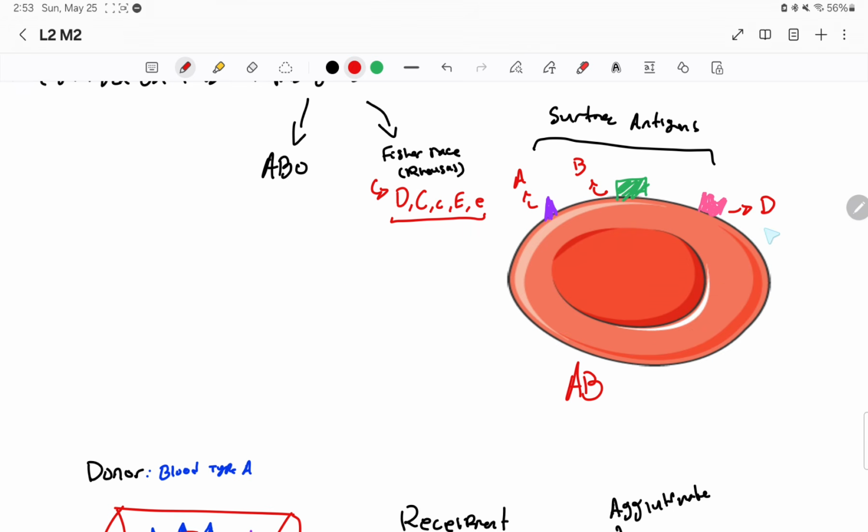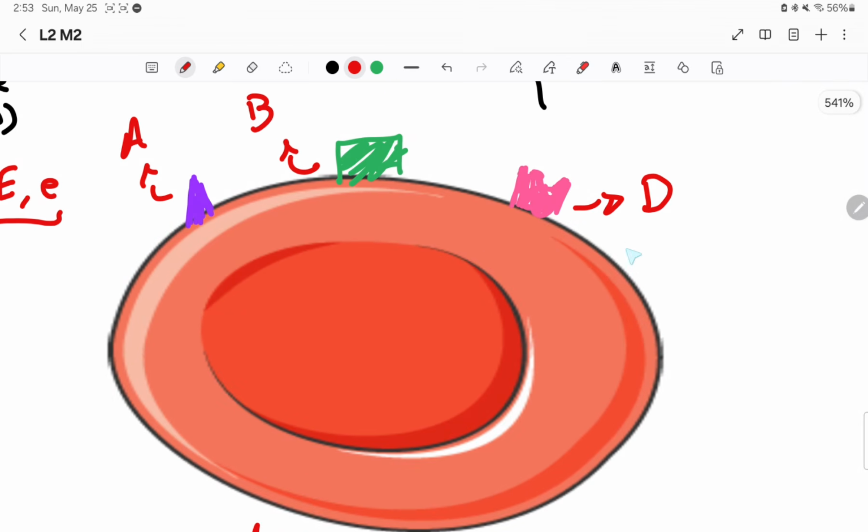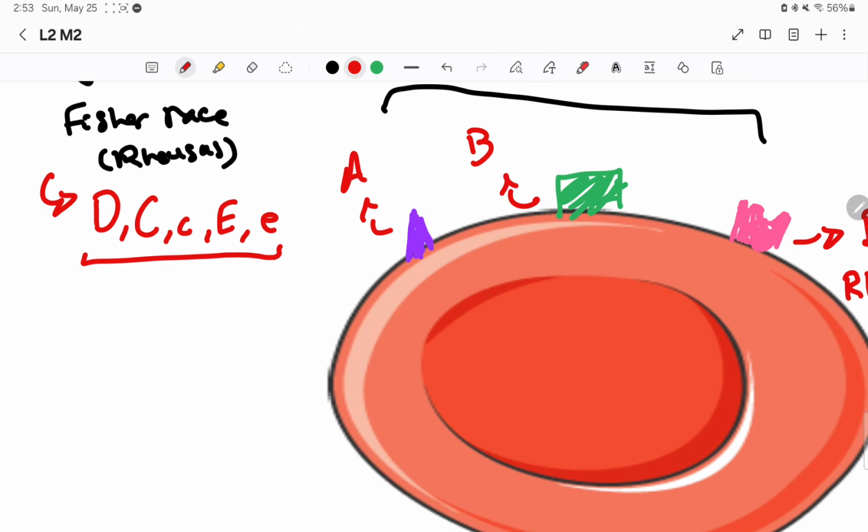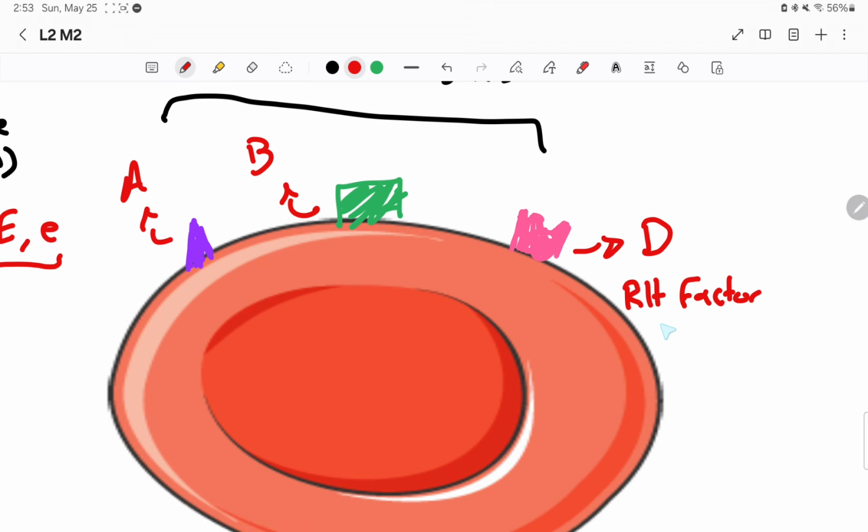In fact, this D, back in the day, used to be called the RH factor. RH stands for rhesus. So the rhesus factor, or the RH factor: if you have this big D antigen on the surface of your red blood cell, you are RH positive.